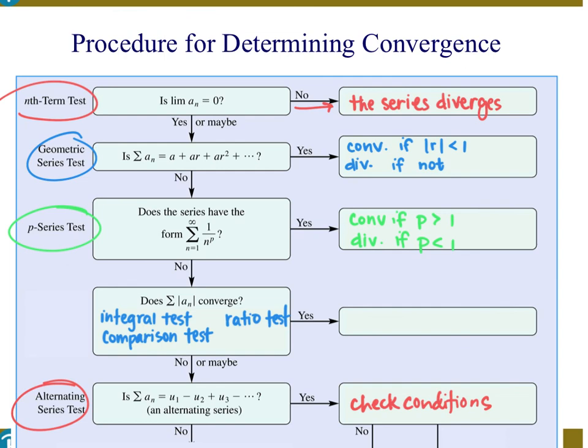So hopefully that puts you into sort of a hierarchy of the things you can try, working your way through: is it this, yes or no, check, move on to the next step if you're not done. So I know it's a lot, and it just comes with practice and being able to identify. If you can spot a geometric series right away, that's great.